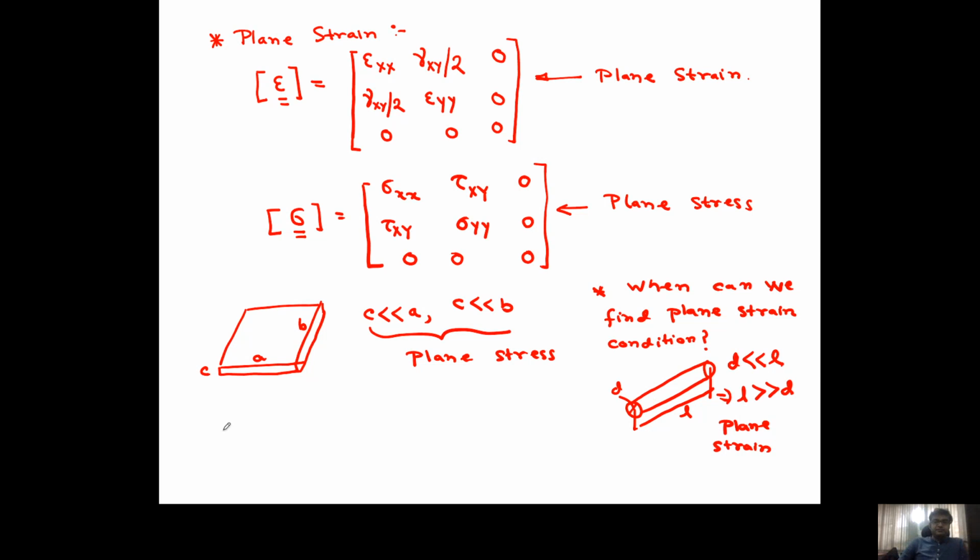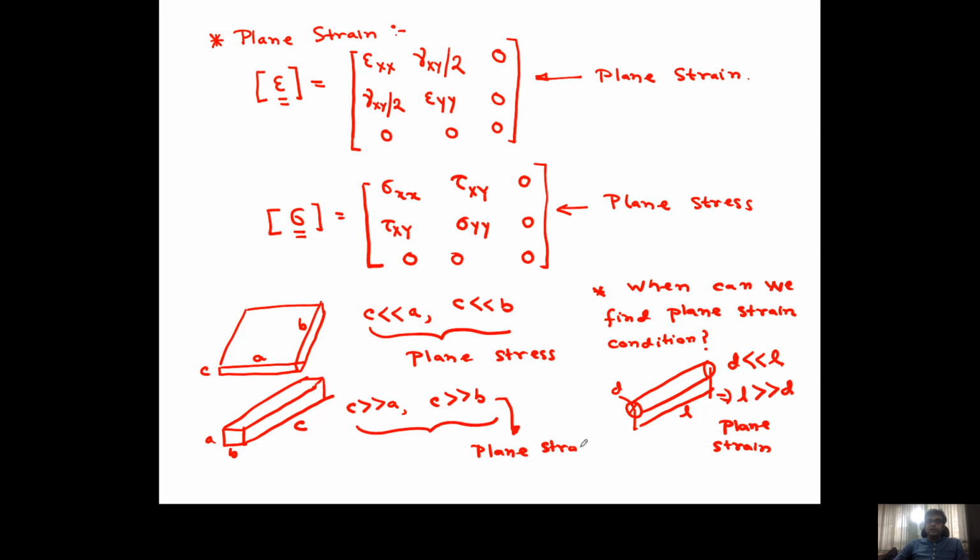Similarly, if you have a plate, that will no longer be a plate, that will now become a square beam. So you see one of the dimensions is now significantly large as compared to the other two dimensions. So now this is my C, and then A and B, then C is much greater than A, and C is much greater than B, and this becomes the case for obtaining plane strain condition.